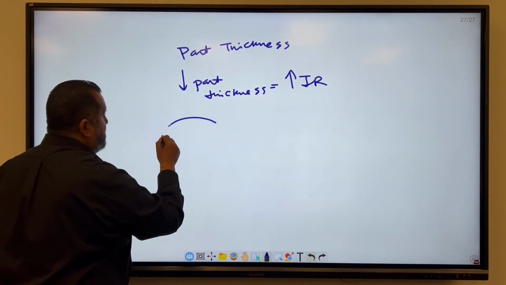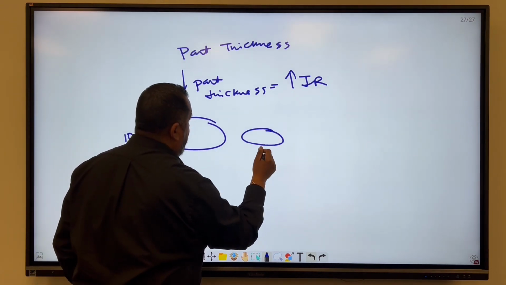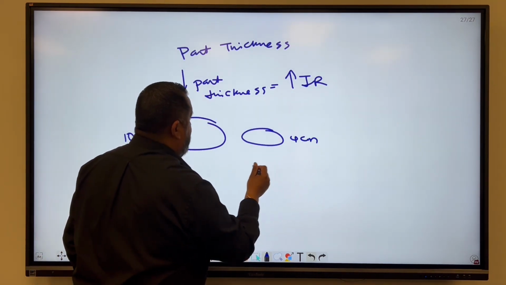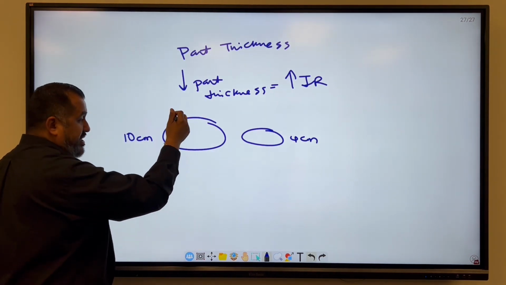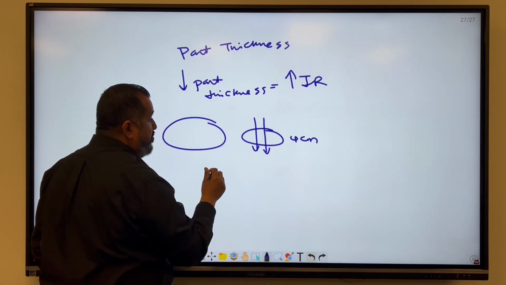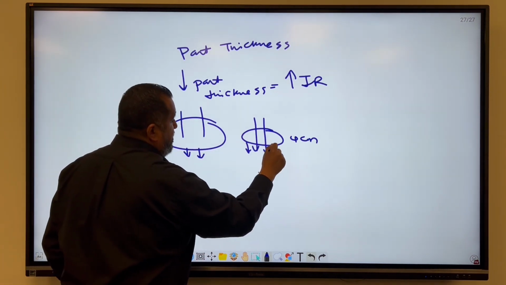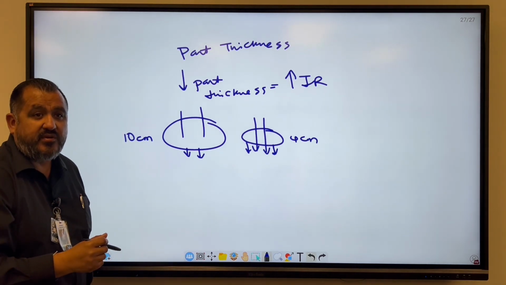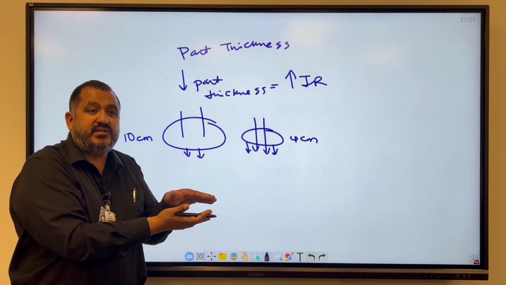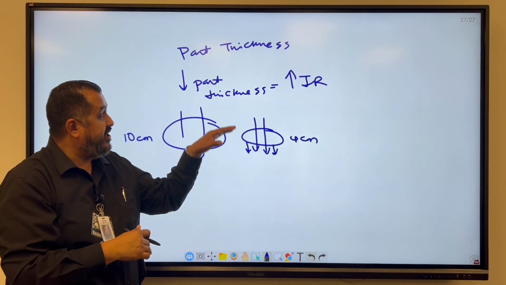You go from, let's say, 10 centimeters to 4 centimeters now. And you use the same technique, you're going to have an increase of x-rays going through the object. Okay, so let's say you only had 2 here and you had twice the amount of exposure going through.